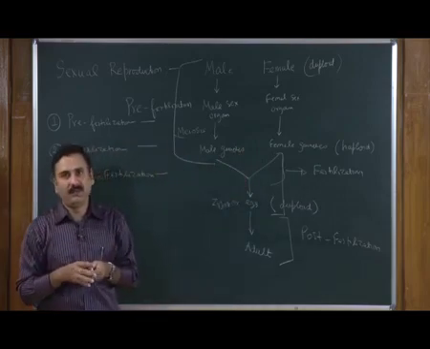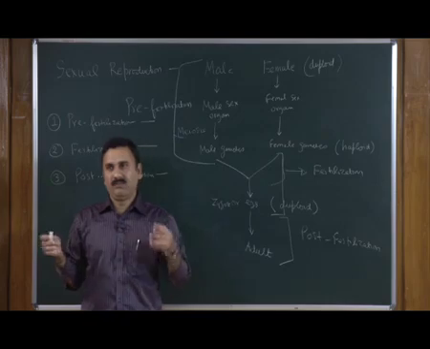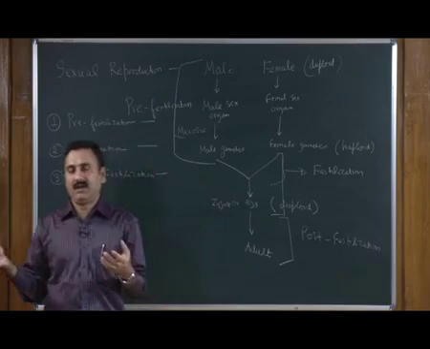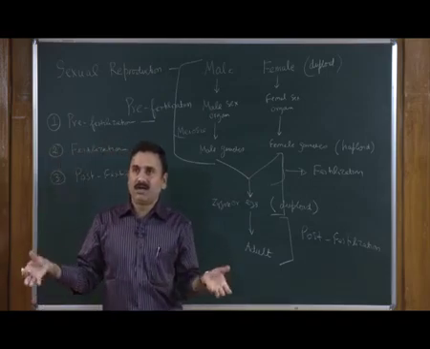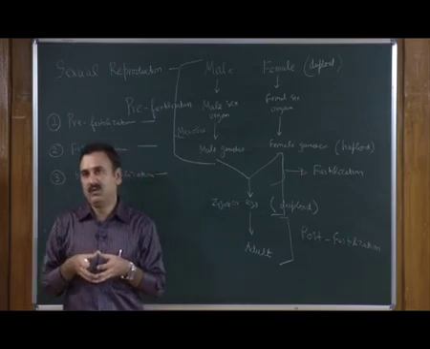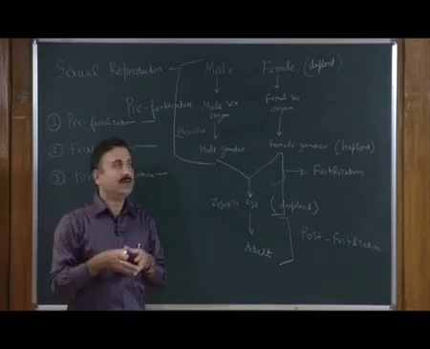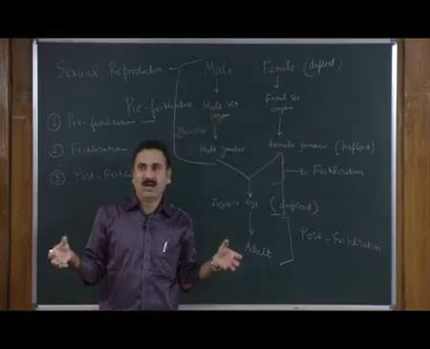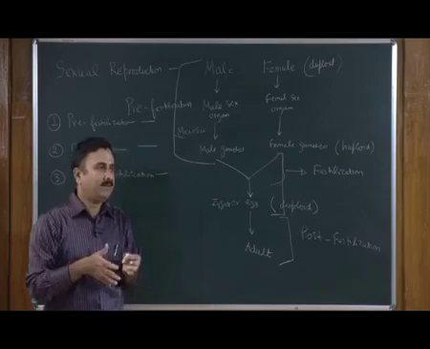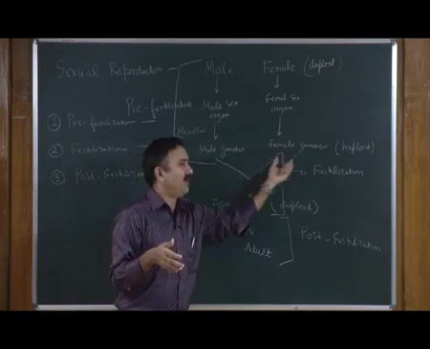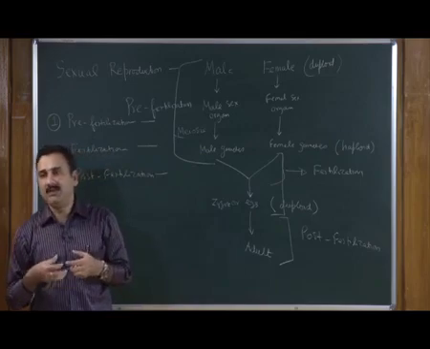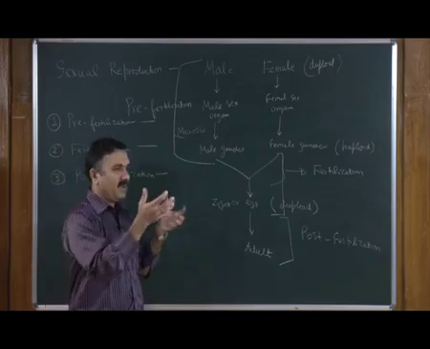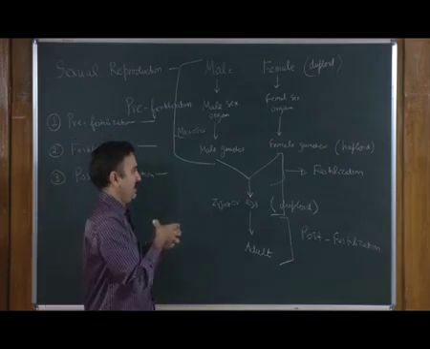For example, it should not happen that in the male plant there is flowering, and in the female plant there is no flowering. It ensures that the two different individuals synchronize the development of the male as well as the female gametes at the same time, so that when there is a male flower and a female flower, they both mature at the same time and produce their respective gametes, so that there will be optimal fertilization.